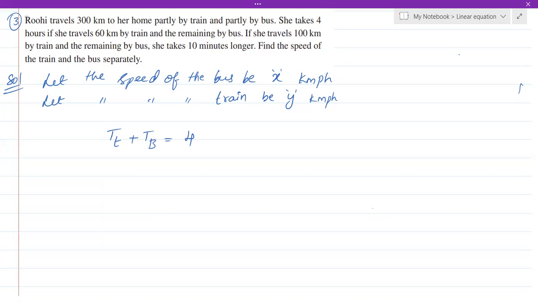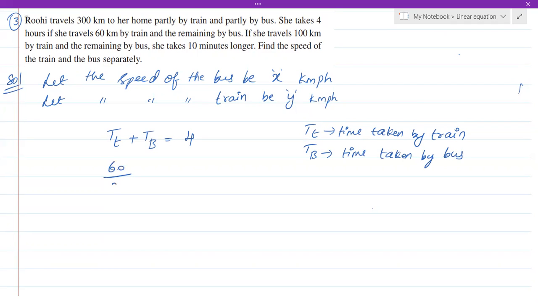So TT is the time taken by train, and TB is the time taken by bus. Both put together is 4 hours. How do we calculate time, distance by speed? So the distance traveled by train is 60 kilometer, isn't it?